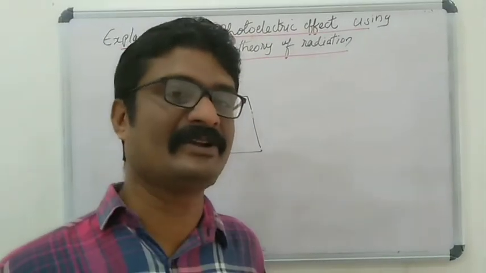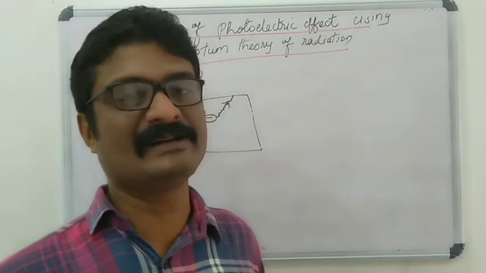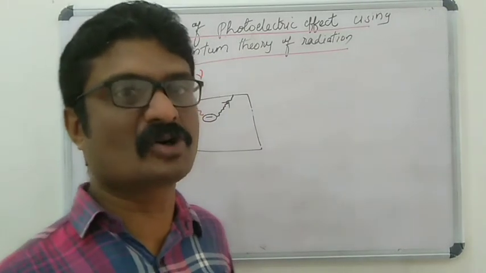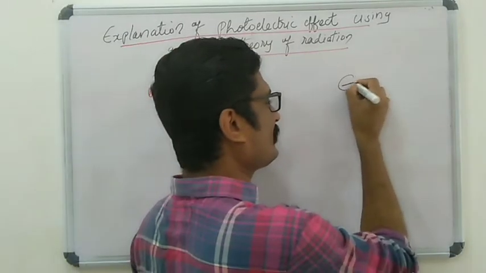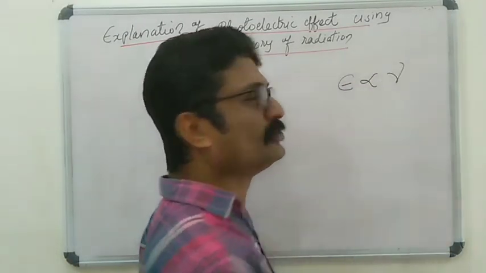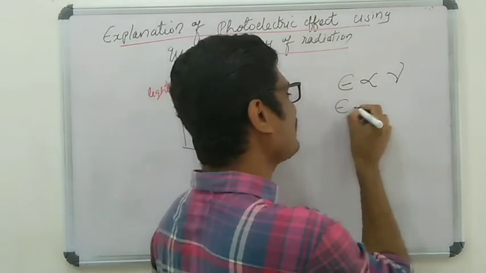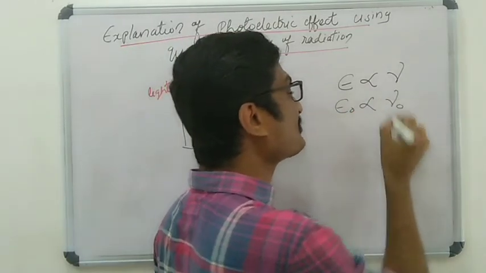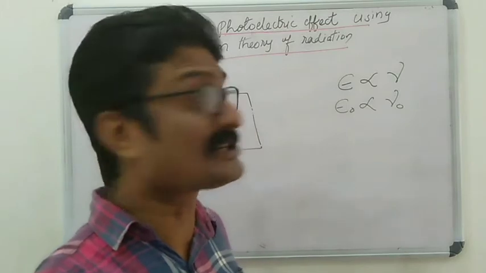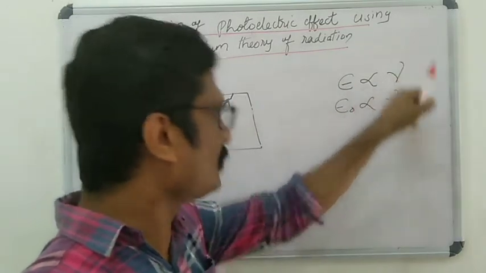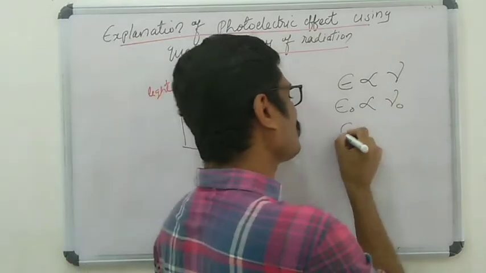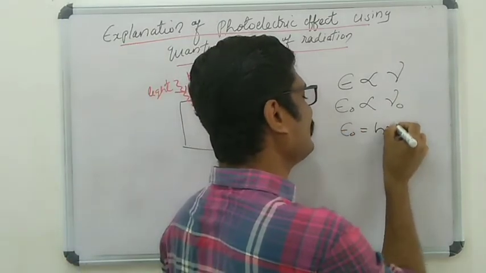In my last video, we have learned the concept of threshold frequency, nu zero. According to Max Planck, E is directly proportional to nu. That is, E0 is directly proportional to nu zero. Threshold energy is directly proportional to threshold frequency, or the threshold energy of a metal is h nu zero.